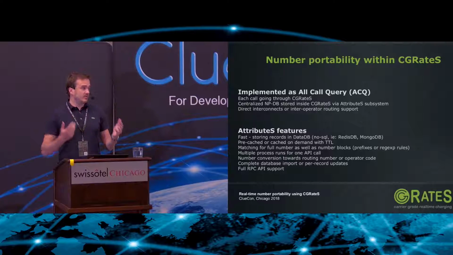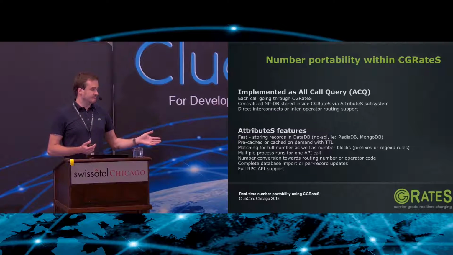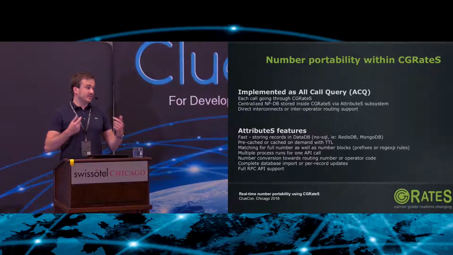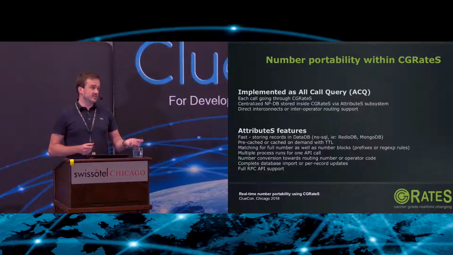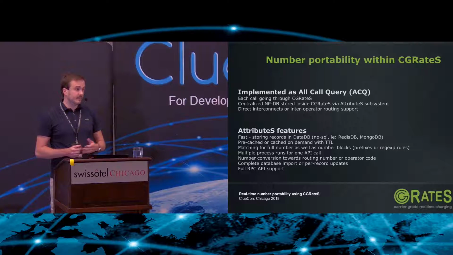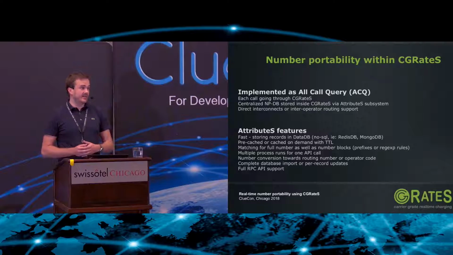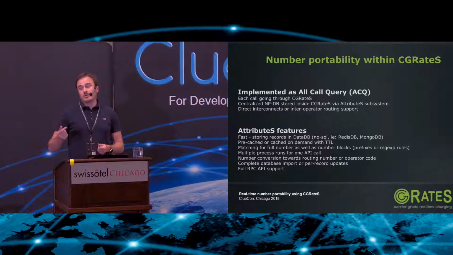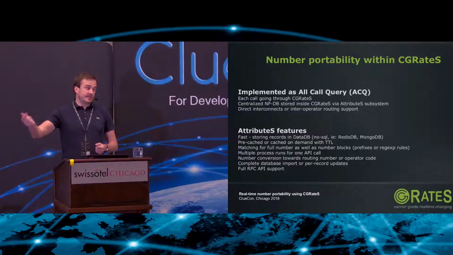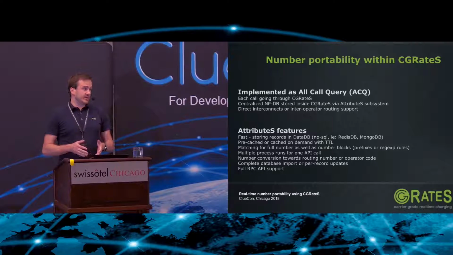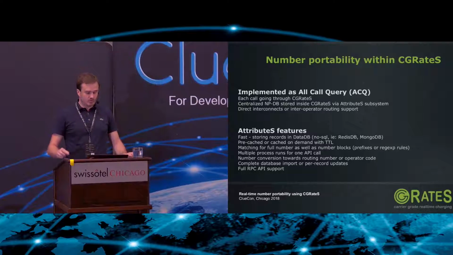So you say, I don't want to keep it more than a few hours or maybe a day. So until tomorrow, it will be served from CGRateS. This spares you some money, because each of these APIs is costly for you. So the next day, if it hits you again, it will be automatically discarded from the CGRateS cache and requeried from your remote provider.